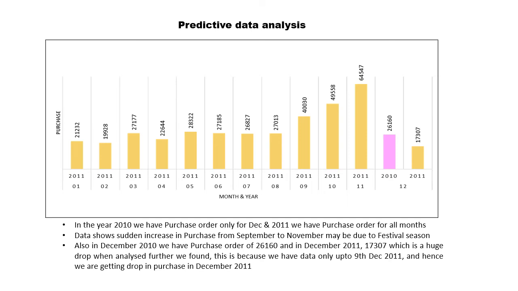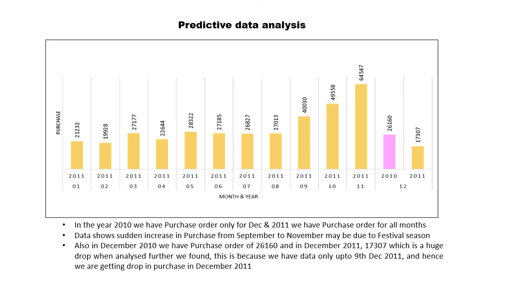But from September to November 2011, we can see a sudden increase in purchase orders, which may be due to the festival season. People tend to purchase more during the festival season, so we can predict that.